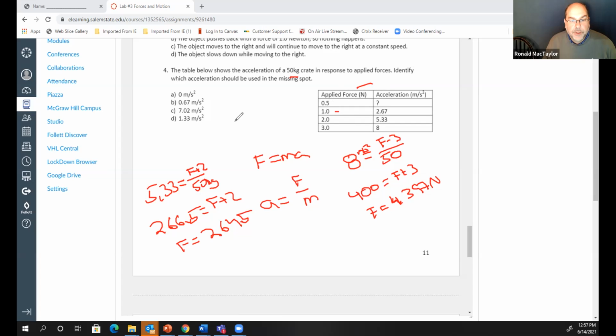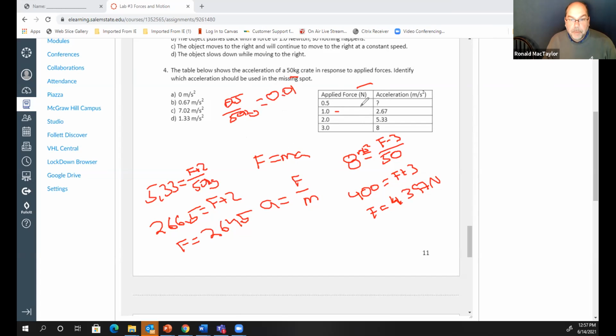If it was just vanilla, I would say that it should be acceleration equals force divided by mass. So 0.5 divided by 50 kilograms. 0.5 divided by 50 would be 0.01.